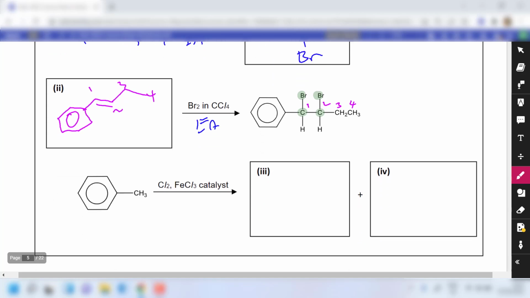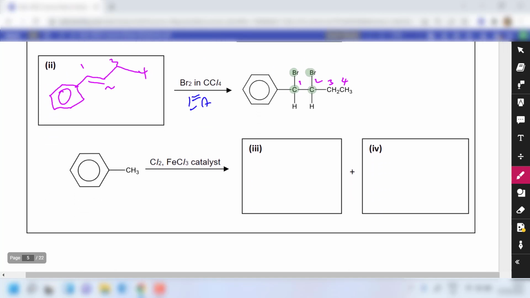Then we have methylbenzene here, with chlorine and iron(III) chloride as the Lewis acid catalyst. So you expect this to be electrophilic substitution. The methyl group, as you have learned in arenes, is an electron donating group. In fact, it is weakly electron donating. The effect, I think I mentioned before, is called hyperconjugation, but we won't go into details.